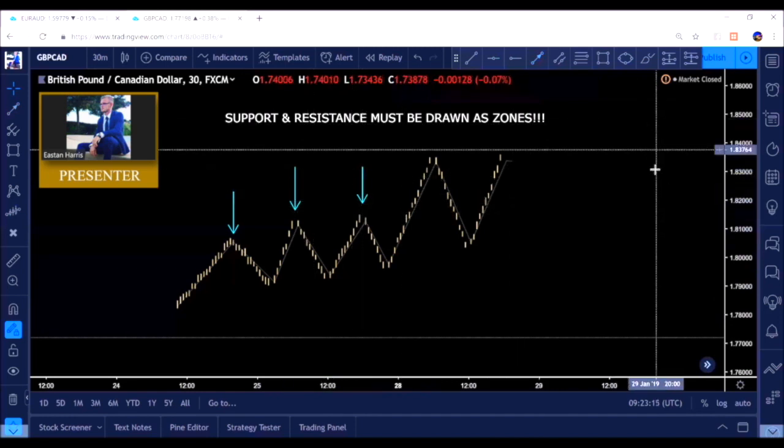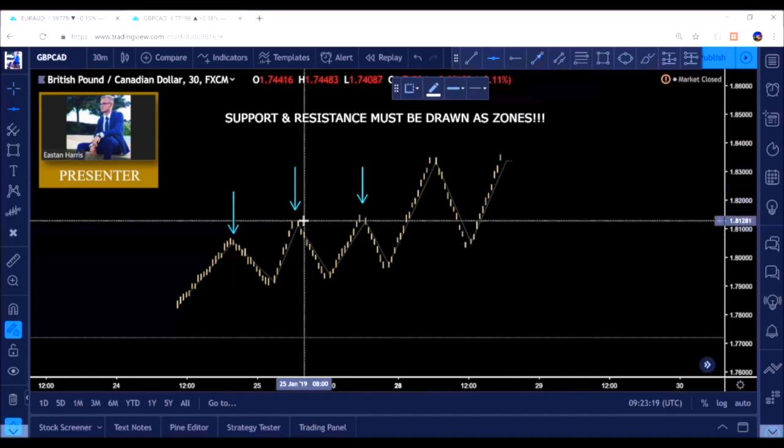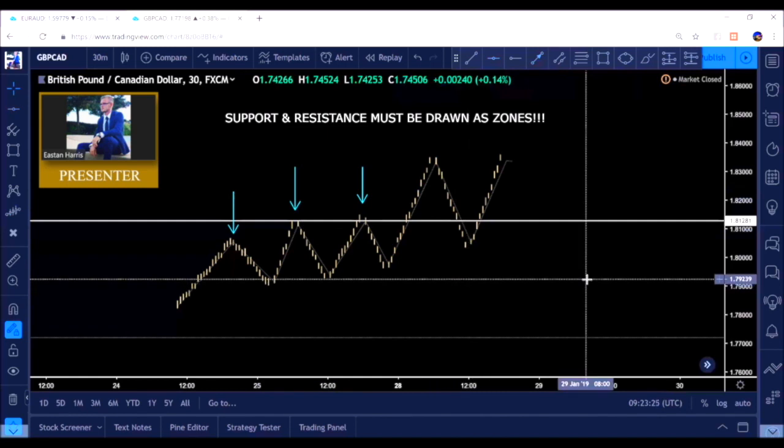Now, if we take the line tool and we use this middle peak here, because it's in the middle and it's just right there in between both of them, so that should work. If we just use this to label where our support and resistance area is at, this will fail.